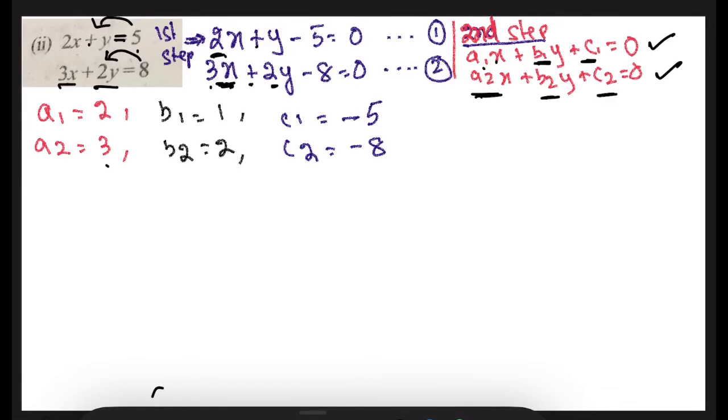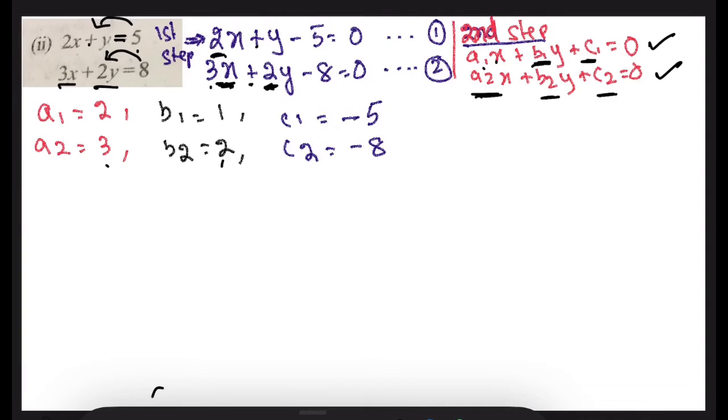Then in the first equation, the y coefficient is B1, which is only y, that means 1. Then second equation, what is B2? The y coefficient is B2, which is 2.